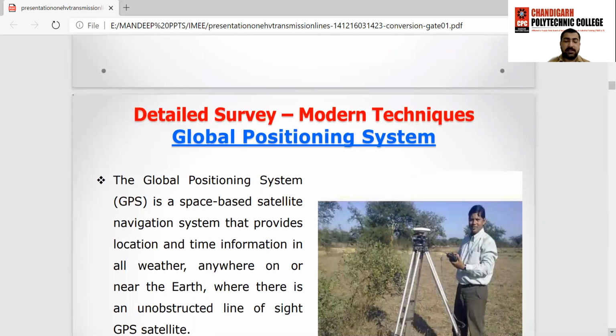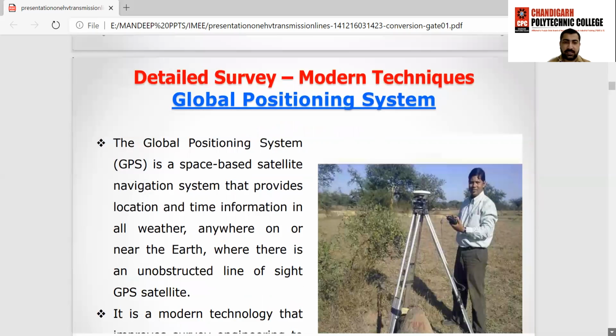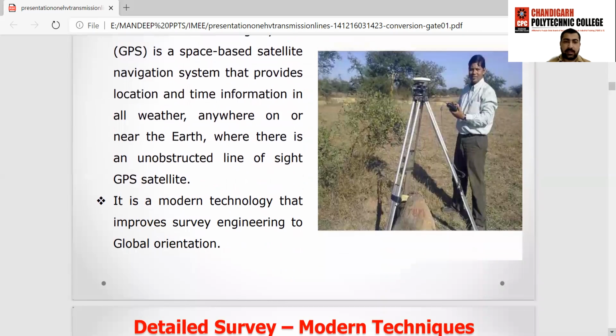Let us start the detailed survey, modern techniques through GPS, global positioning system. The global positioning system is a space-based satellite navigation system that provides location and time information in all weather, anywhere on or near the earth, where there is an unobstructed line of sight to GPS satellites. It is a modern technology that improves survey engineering to global orientation.